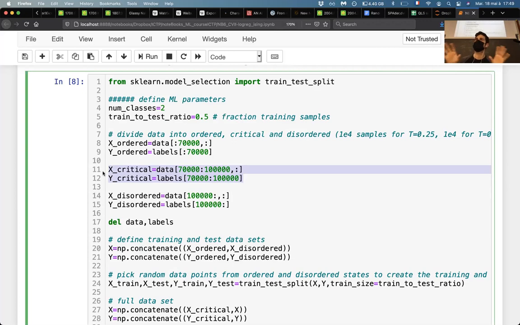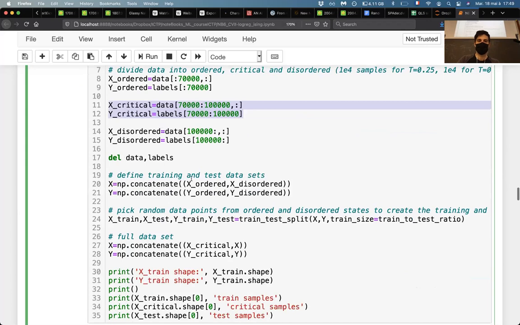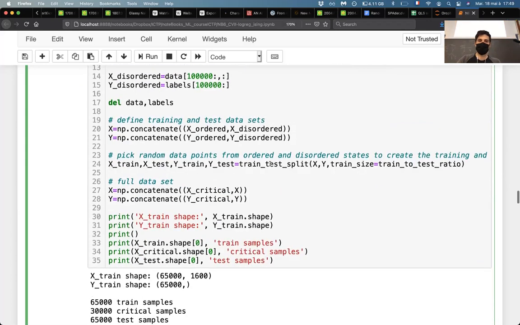And we will not use these critical points for the training, okay? Okay, so here I'm taking the whole data, and this is a function that automatically splits the data into training data and test data, okay?